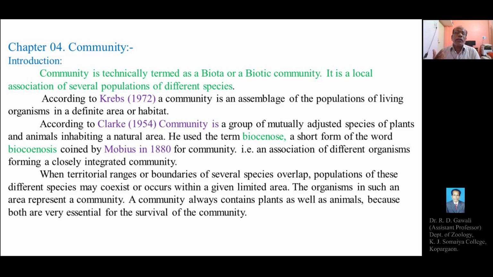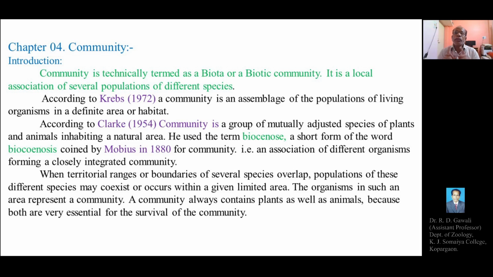According to Clark, in 1954, community is a group of mutually adjusted species of plants and animals inhabiting a natural area.